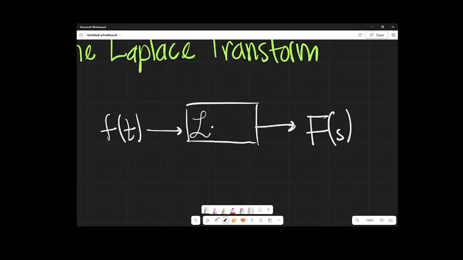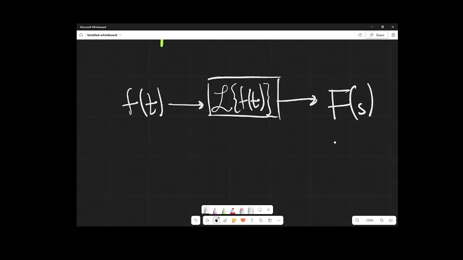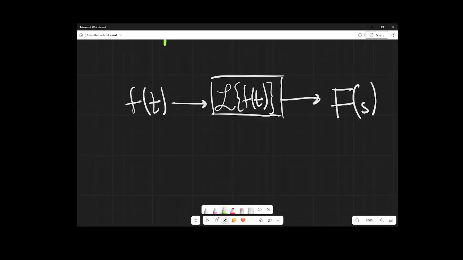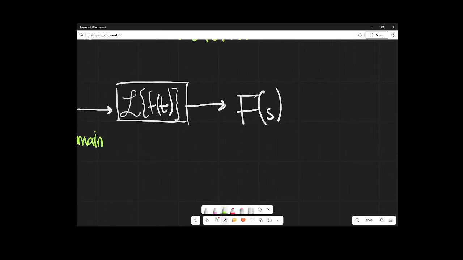The notation will be this fancy L and then curly brackets that brace the function in terms of t. So here we have the time domain, the function in the time domain. And then once we apply this Laplace operator, we end up in the frequency domain.